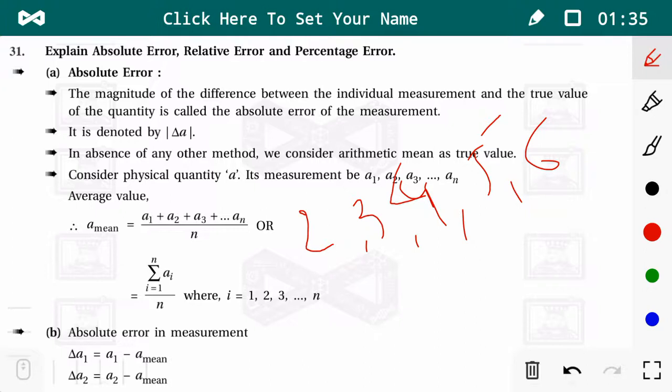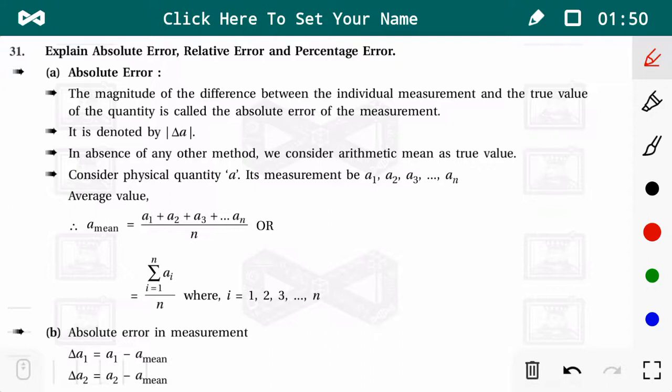So now we will find the mean value of these observations. Here 4 is the mean value of all 5 numbers. Now what will I do?